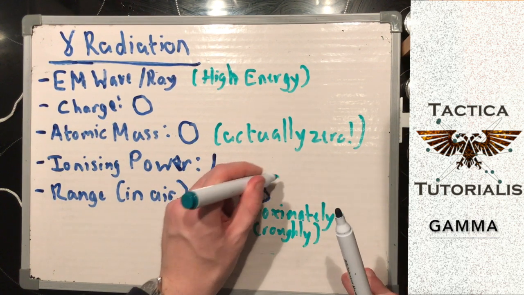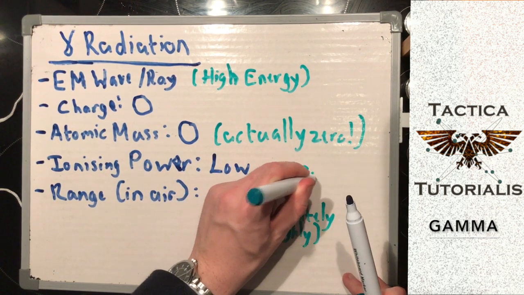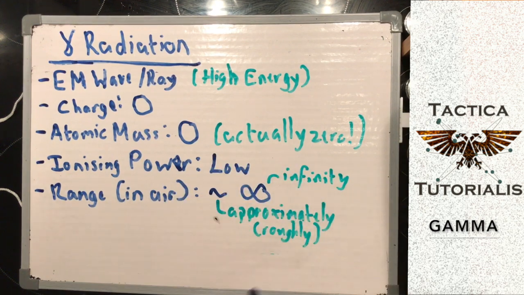And this symbol here, in case you've never met it, is infinity. So that means that roughly, a gamma ray, if fired in air, will go on forever and ever. It will pretty much never be stopped. It's very dangerous as a result because it can get through a lot of things. So how do you stop it?